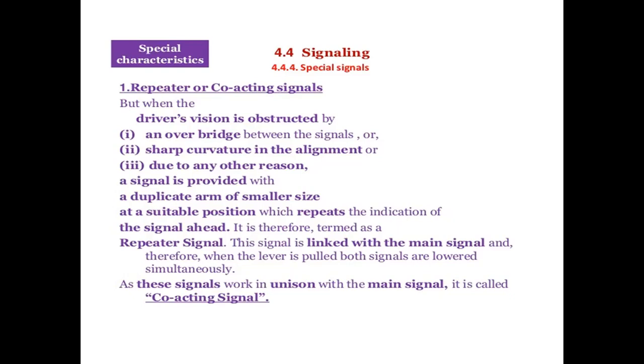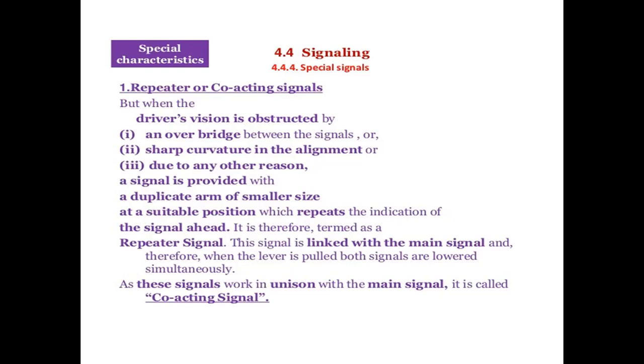If he misses watching these signaling points, a repeater signal can be very useful if the main signal can't be watched by the driver. So a duplicate arm of smaller size is placed at a suitable position from the main signal, and it repeats the indication of the signal ahead.